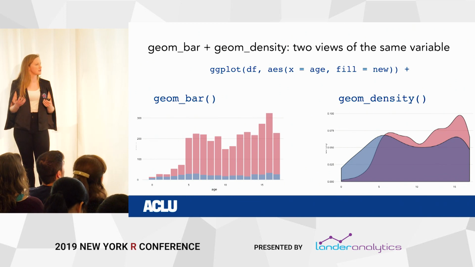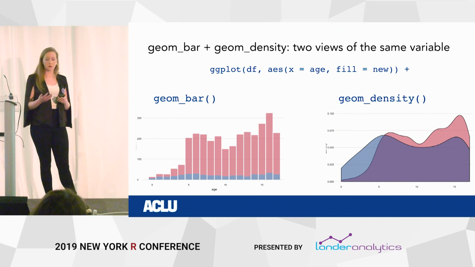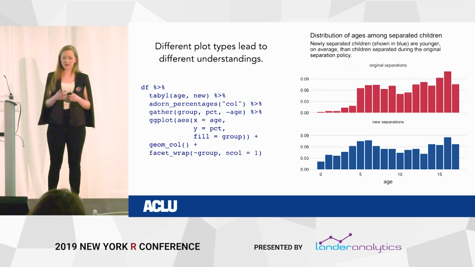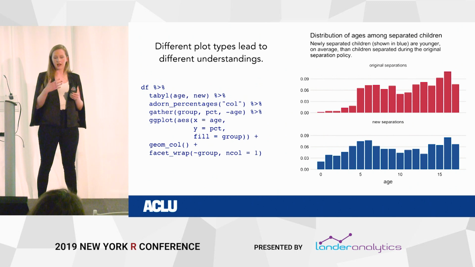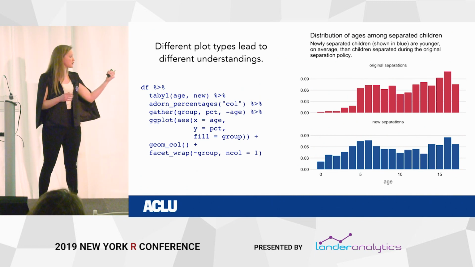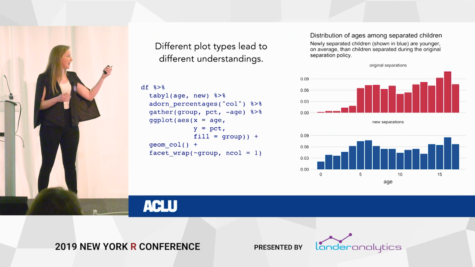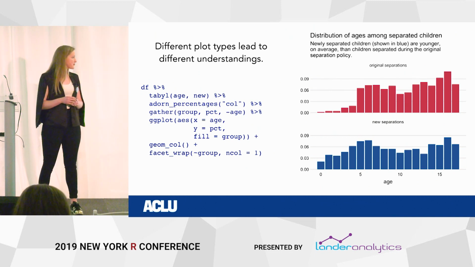But one of the things that we're trying to do with exploratory data analysis is find things that maybe we weren't looking for. And so the long story short of this, again, is that we can take the best of both worlds of those two functions and look at the distribution of age over time and compare the new separations to the old separations.